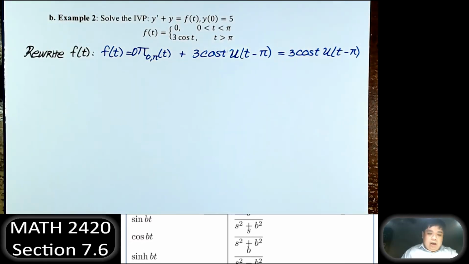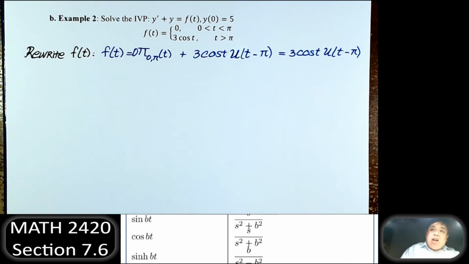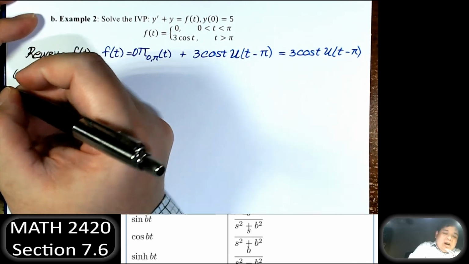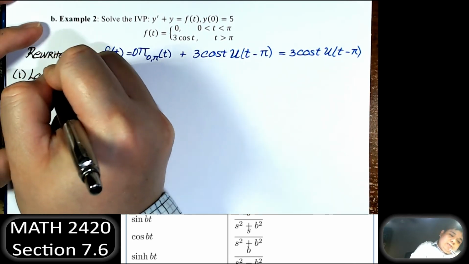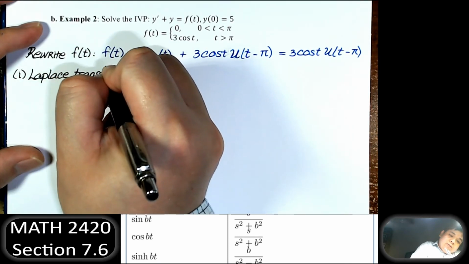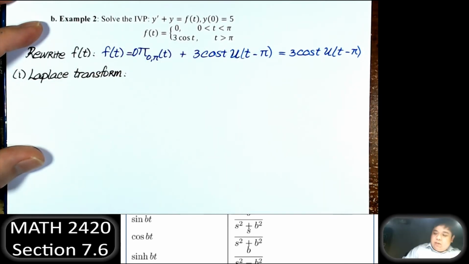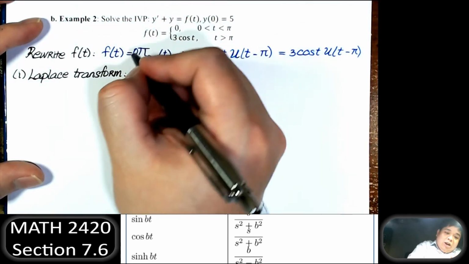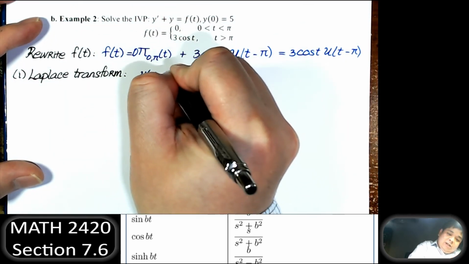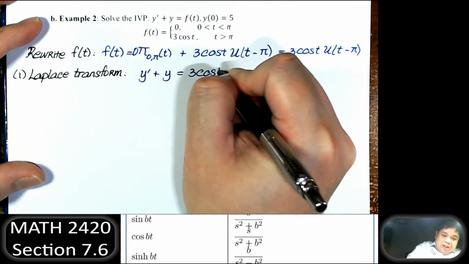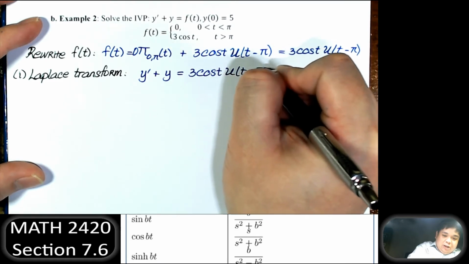Now, the step to solve this problem, just like any problem using Laplace transform: first, we find the Laplace transform. So I will write the equation again. F of t is going to be 3 cosine of t times u of t minus pi.